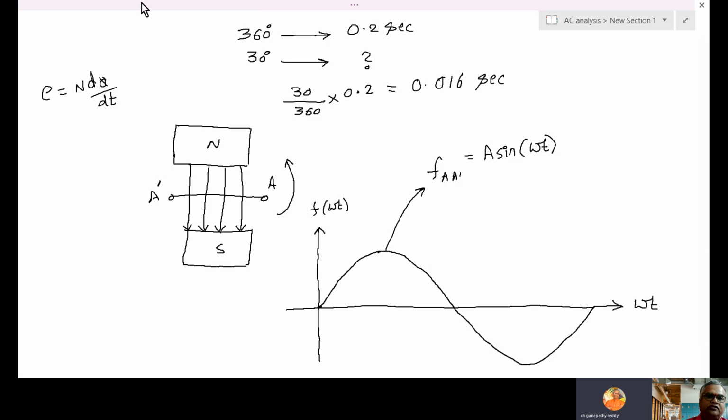Now if we place another conductor B dash.